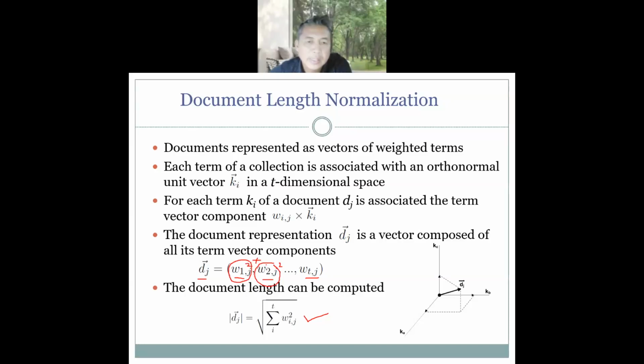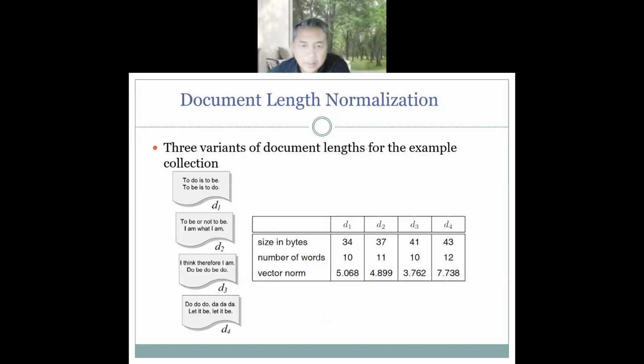So we take the square of all of these, sum all of them, and then take the square root. So this is the length of the document. The length of the document will be used later on to normalize your weightage.